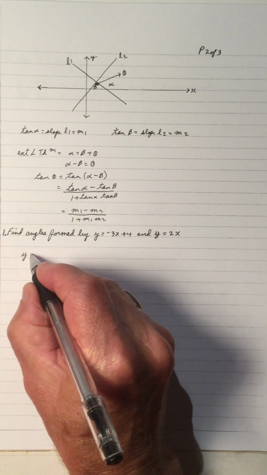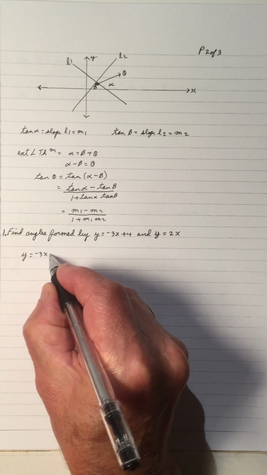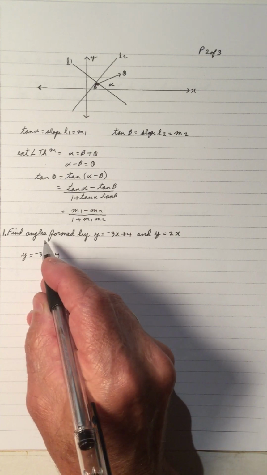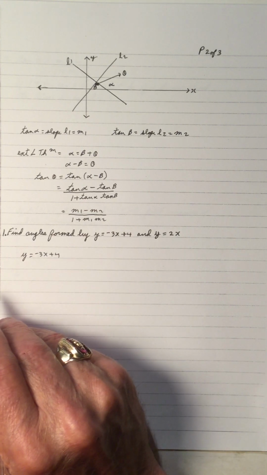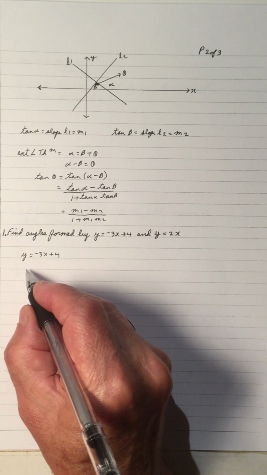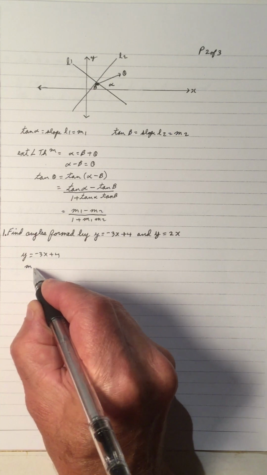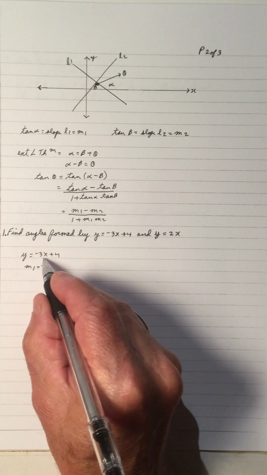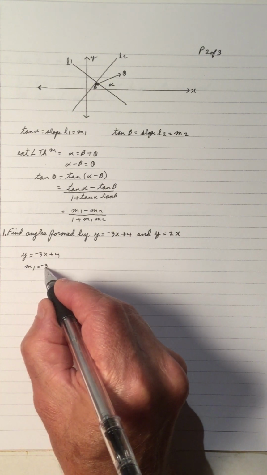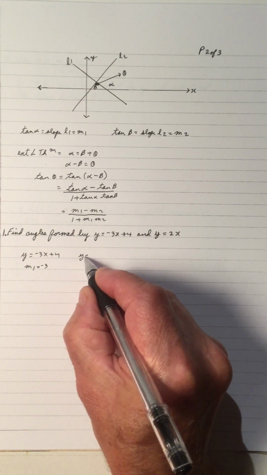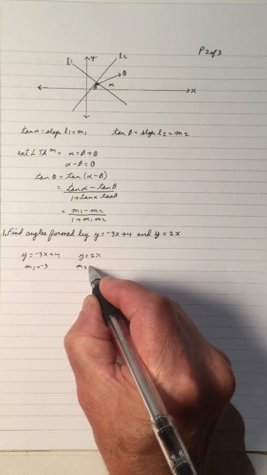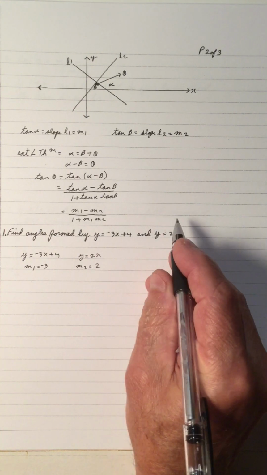We'll call the slope of the first line M1; for y equals mx plus b, the slope is negative 3. For y equals 2x, let's call it M2, the slope is 2.